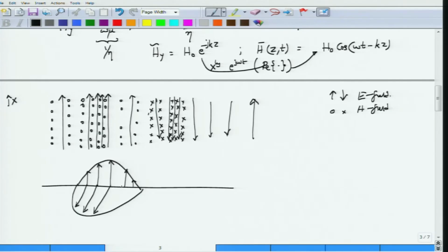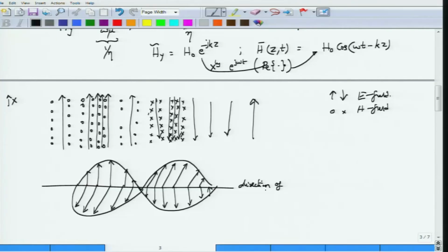You might have seen this one in many textbooks, right. So these are the electric field lines and these are the magnetic field lines, and this is the direction of wave propagation.